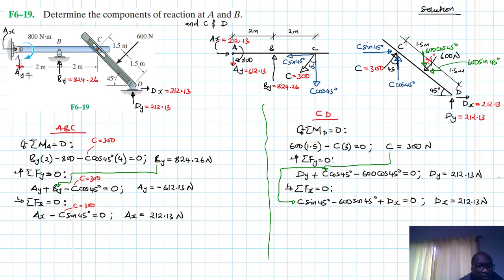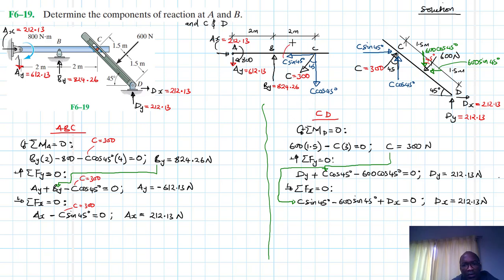This one is equal to 612.13, and AX is equal to 212.13.